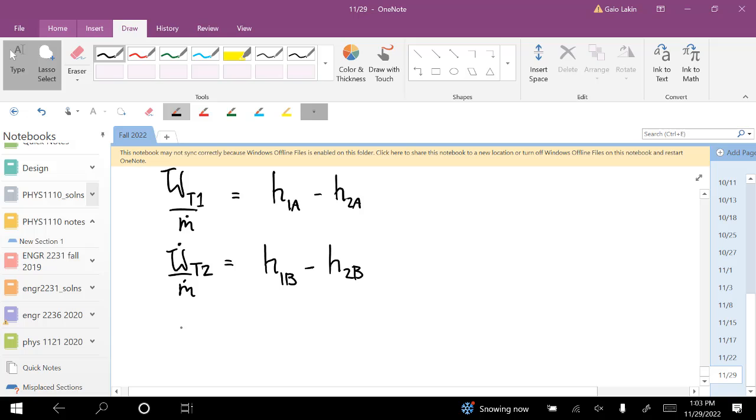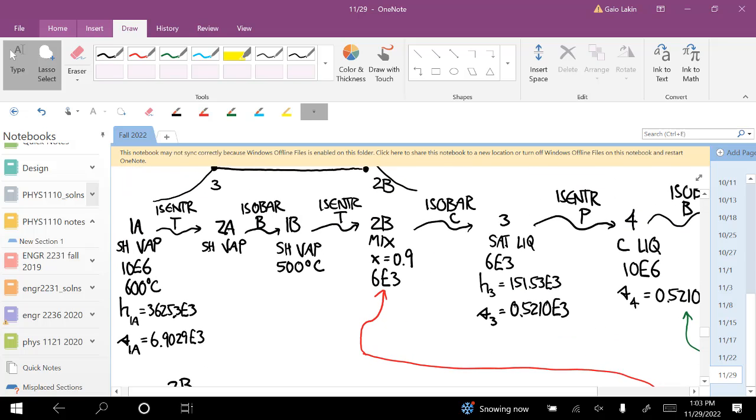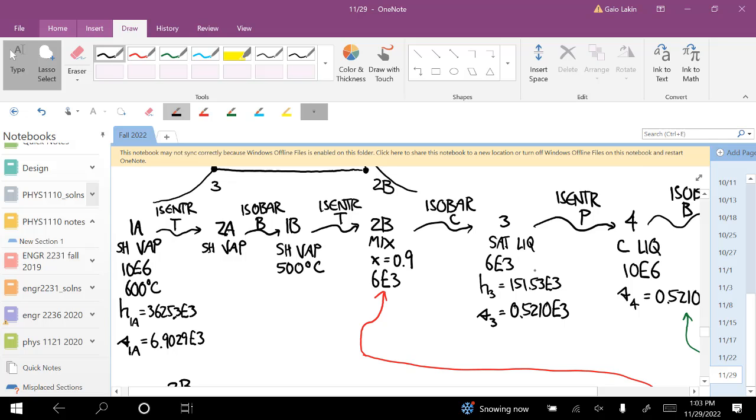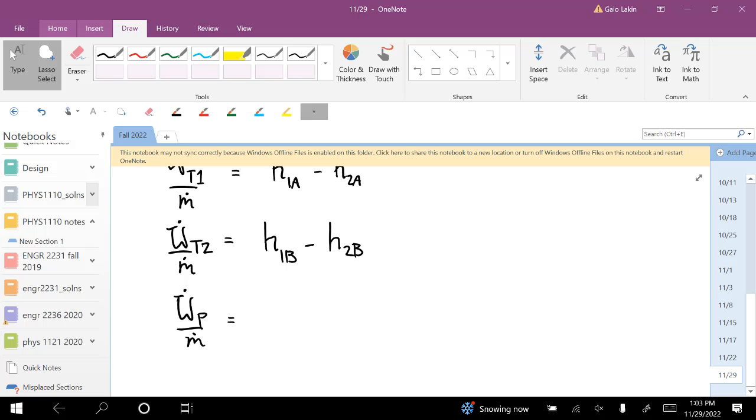The work for the pump, this ratio, because you have work coming in instead of going out, there's the sign switch. This is between states 3 and 4, and so this is going to be H4 minus H3.